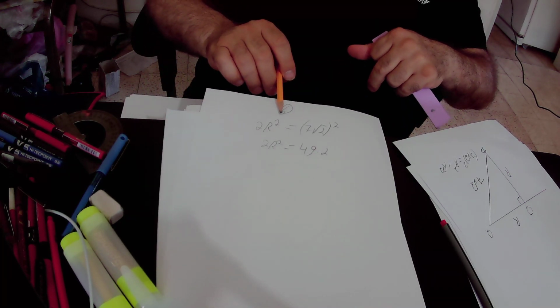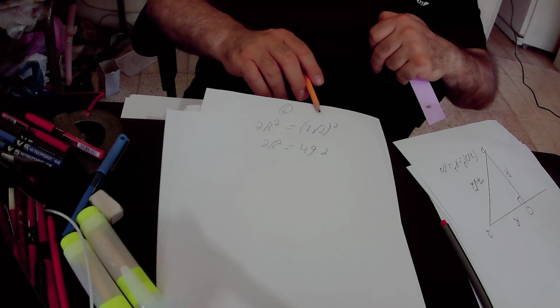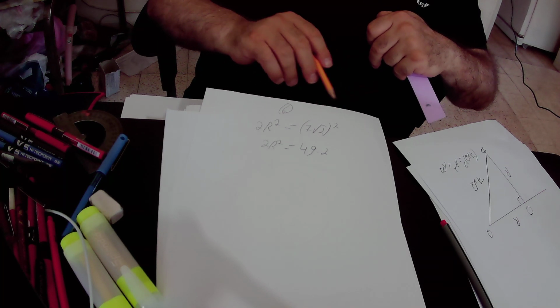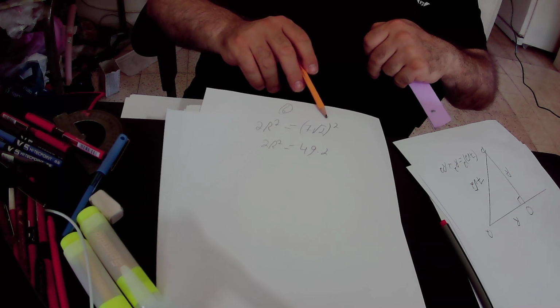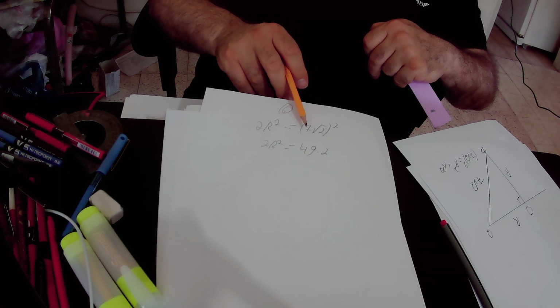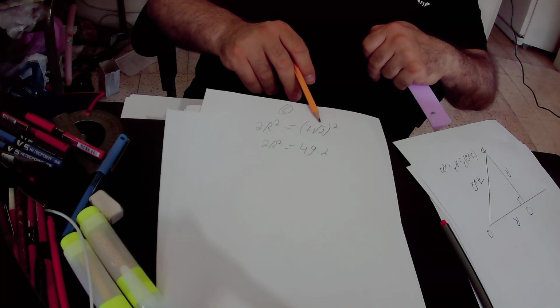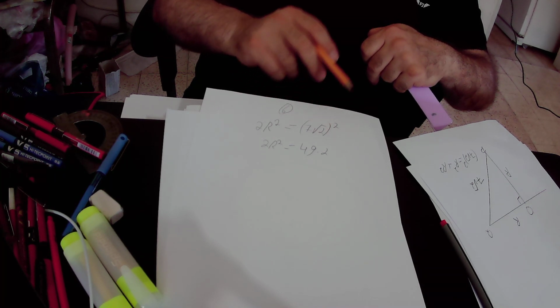Here 2 times r squared equals (7 times root 2) squared, and (7 times root 2) squared is equal to 49 times root 2 squared, and root 2 squared equals 2.